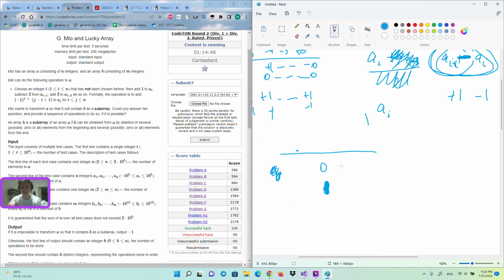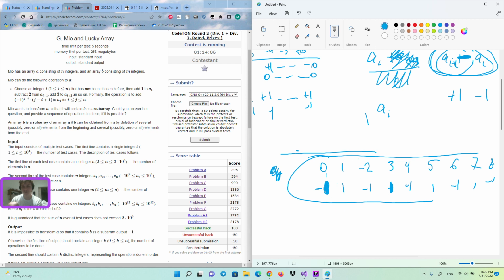And so on. And we want to choose some subset of these numbers so that the upper numbers sum into something and the lower numbers sum into something.